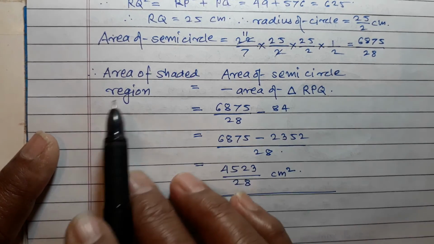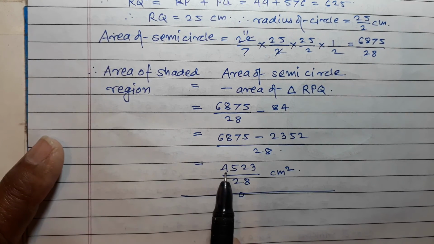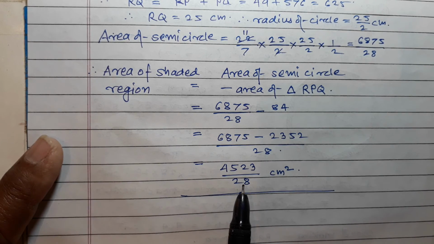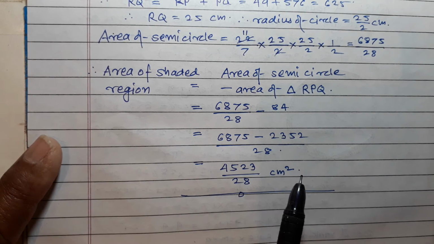So area of shaded region is equal to 4523 upon 28 cm square.